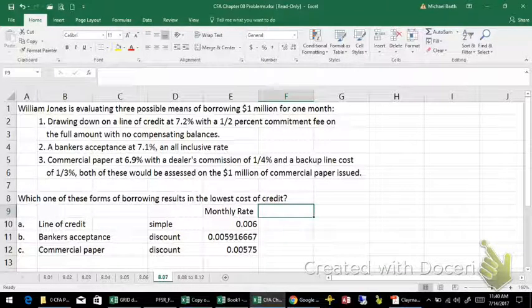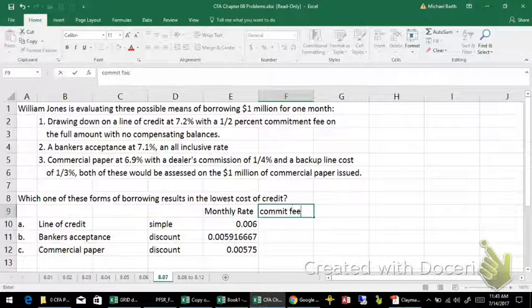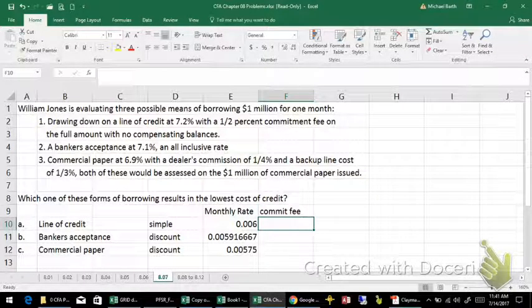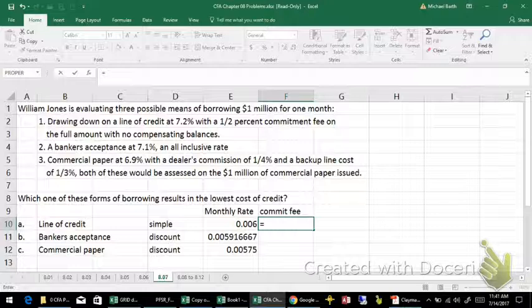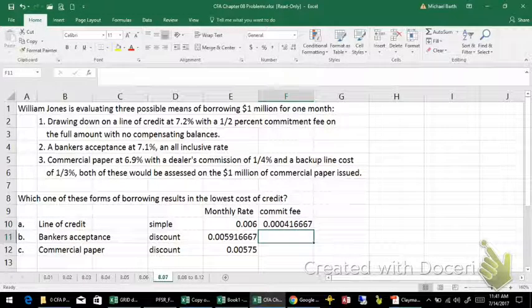In addition, the line of credit has a commitment fee. The commitment fee is an extra interest rate of 0.5%, but that's for one month too.